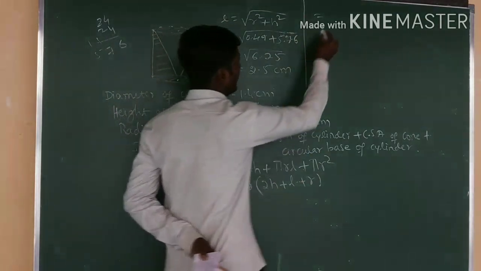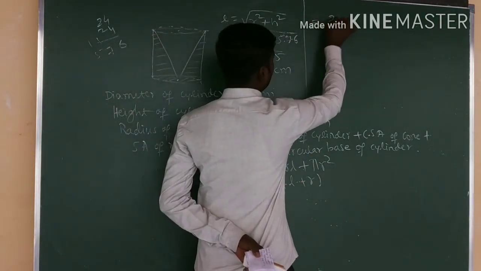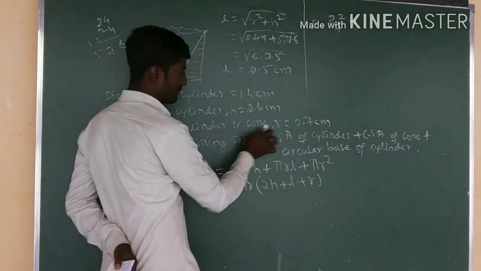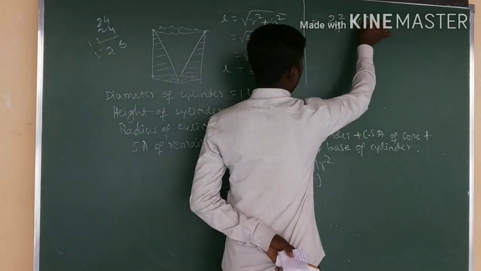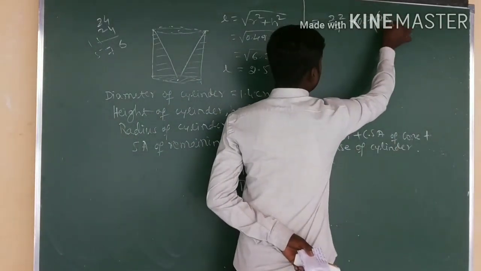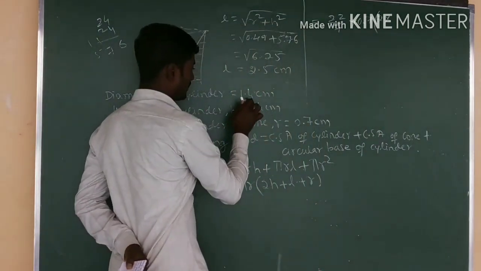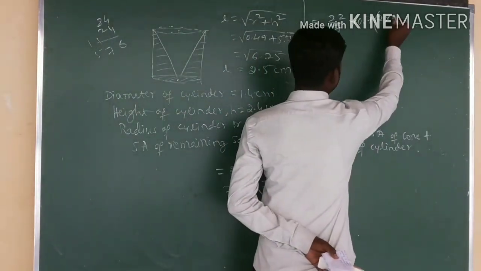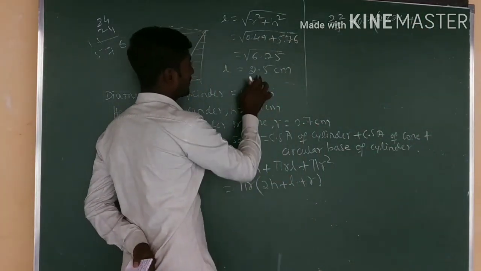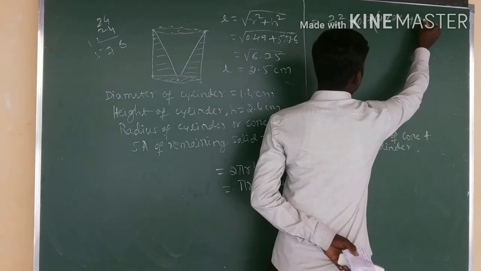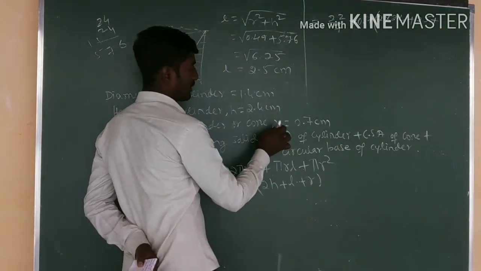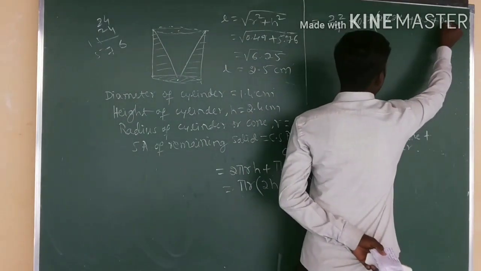Now the pi value is 22 by 7, into R. R value is nothing but 0.7. Inside, 2H: 2 into H, where H value is 2.4, plus L, the slant height calculated, 2.5, plus R, which is 0.7.